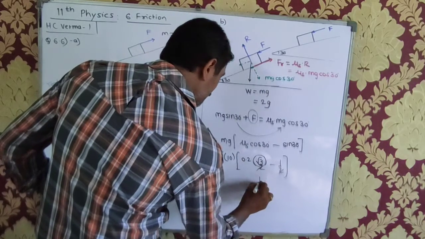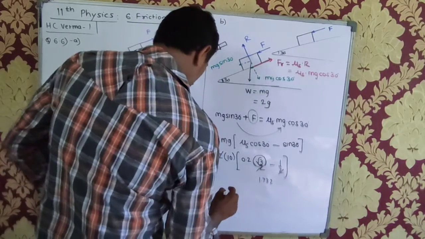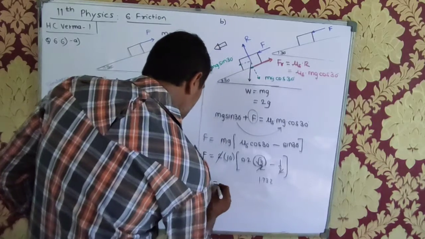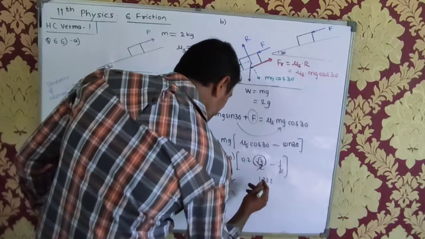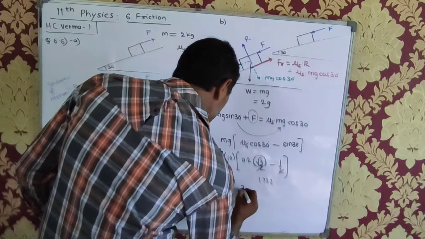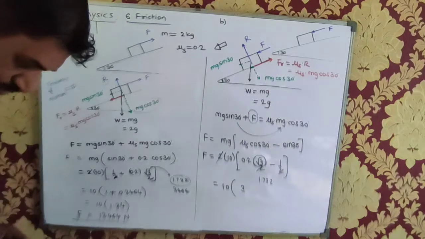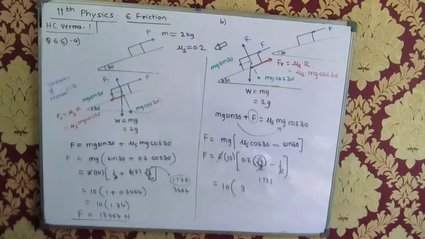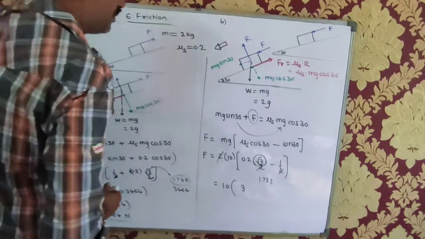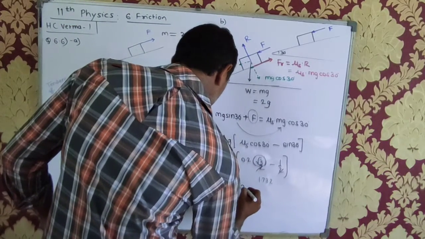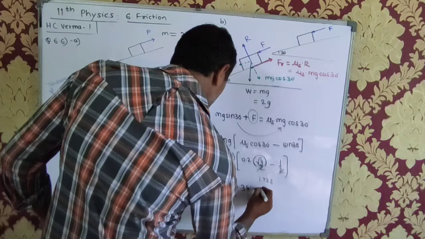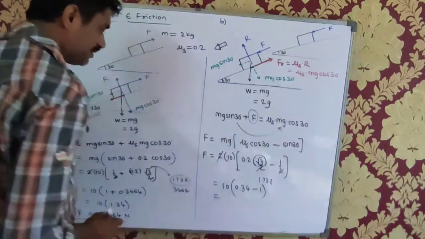This is again 1.732 multiplied by 2, so this will become 10 into 0.34 something like that, right? How much will this come? So this will be 0.34 minus 1.